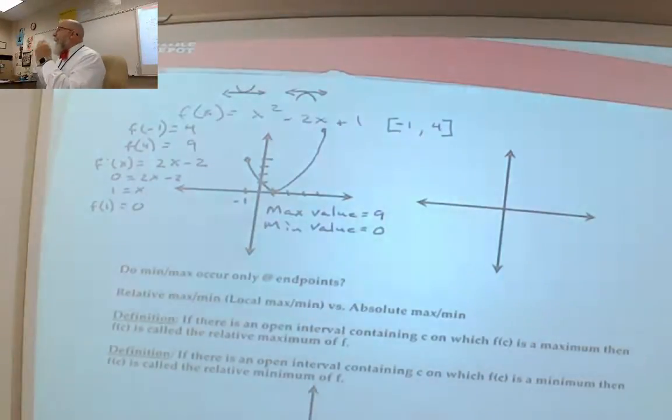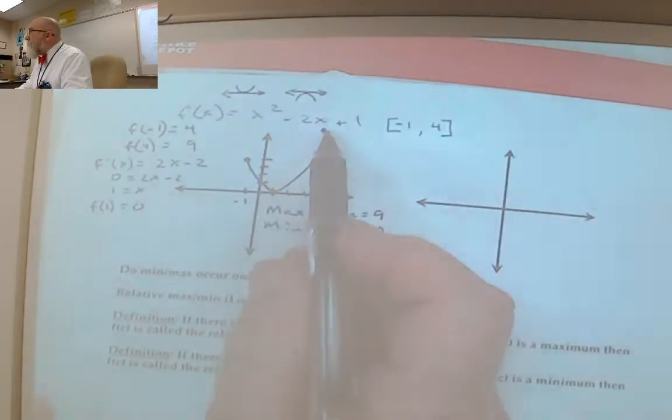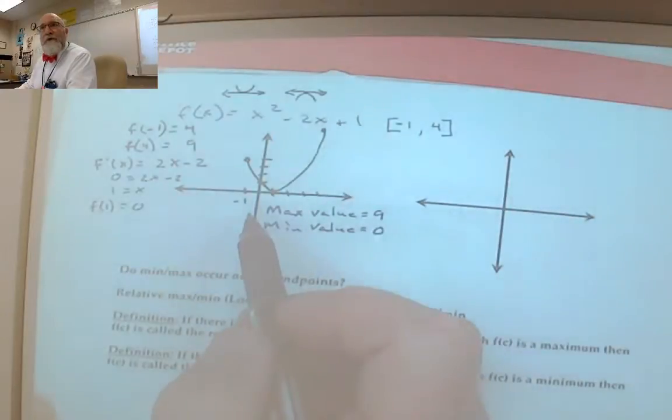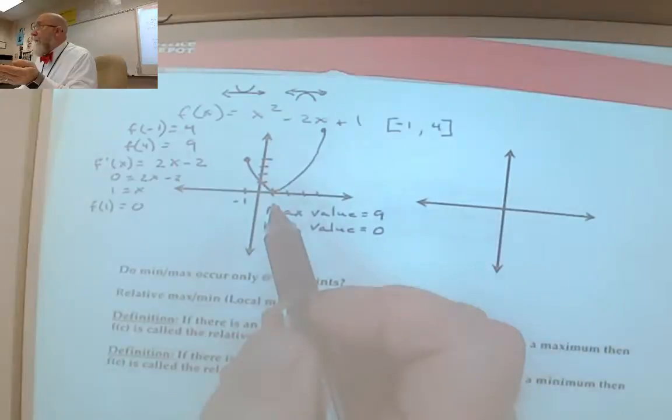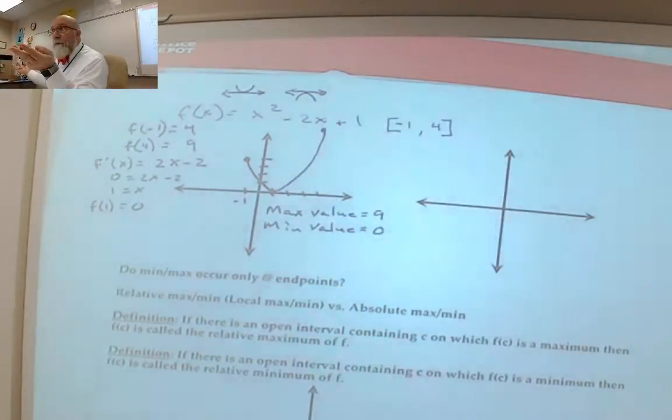But if I really want to know where the absolute minimum or the absolute maximum is going to be, they're either going to occur at these endpoints or they're going to occur at these turn around points. I don't have to look at infinity. I just need to look at where those values are.